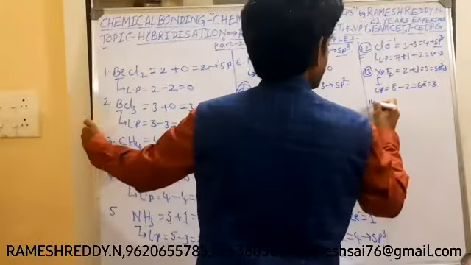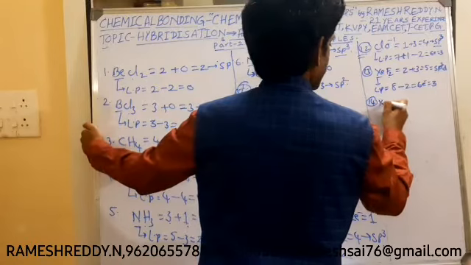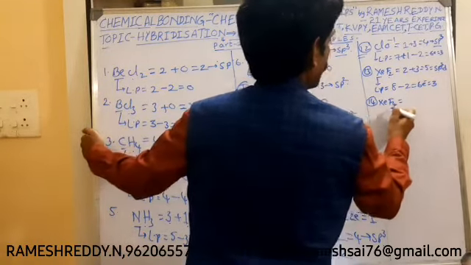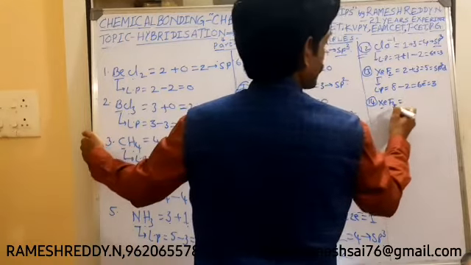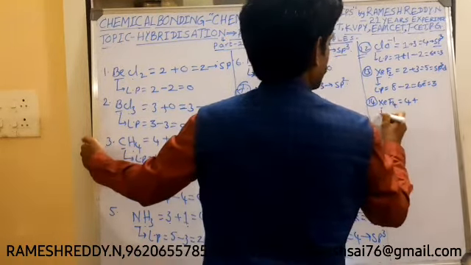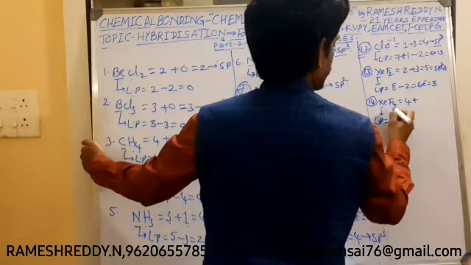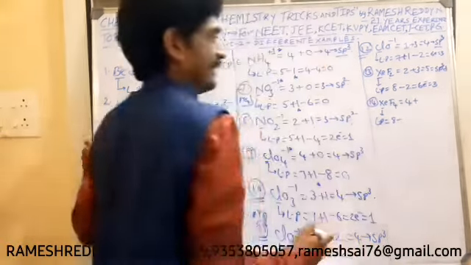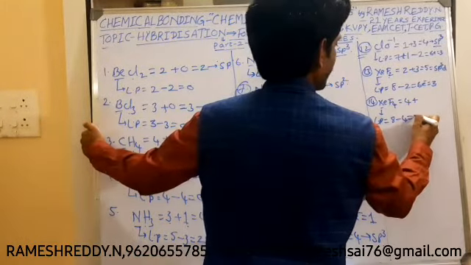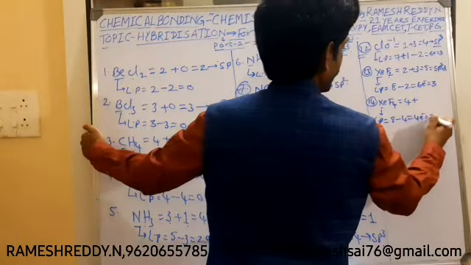Next, from the xenon series, XeF4, xenon tetrafluoride. Here the central atom is xenon, and the bonded atoms are 4 fluorines. Then how many lone pairs does xenon have? Valence electrons of xenon are 8. Bonded atoms are 4, so 8 minus 4 is 4 electrons. That means 2 lone pairs.